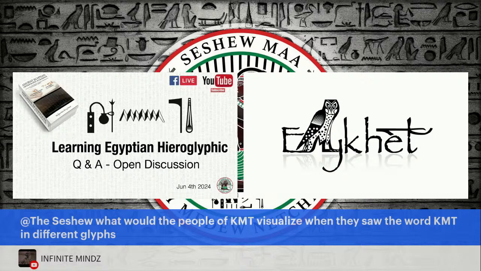So Infinite Mind, if you saw the show last night, I'm just going to remind you. But if not, I'll repeat what I said last night. When we discuss different ancient Egyptian words, we have to be mindful of what's called homographs. The example I gave last night is that I'm always emailed or inboxed where people will ask me for a favor.